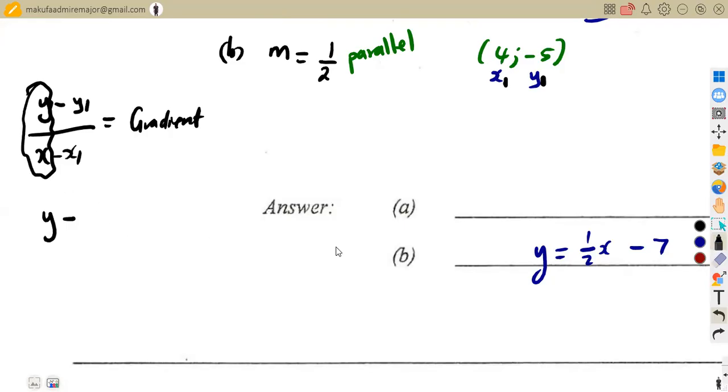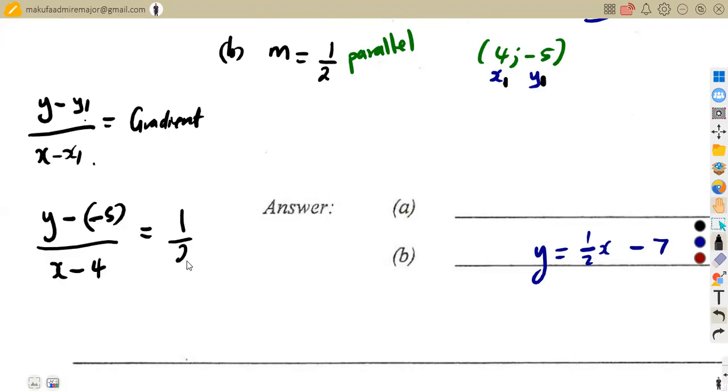They do not change and are not substituted by any value. y1 and x1 are the values that you obtain from the point that you're given. So it's y minus y1, which is -5, over x minus x1, where our x1 is 4. This is going to give us the gradient, which is 1/2.